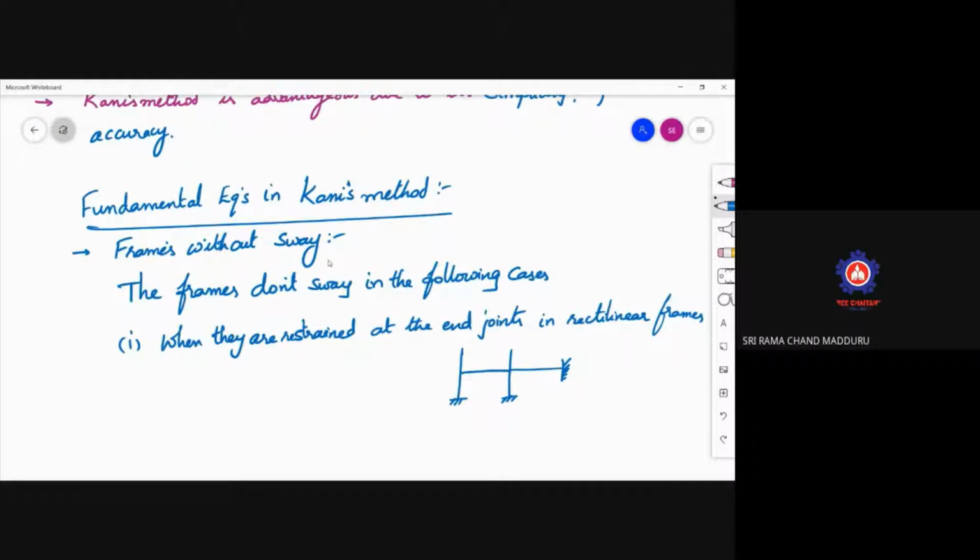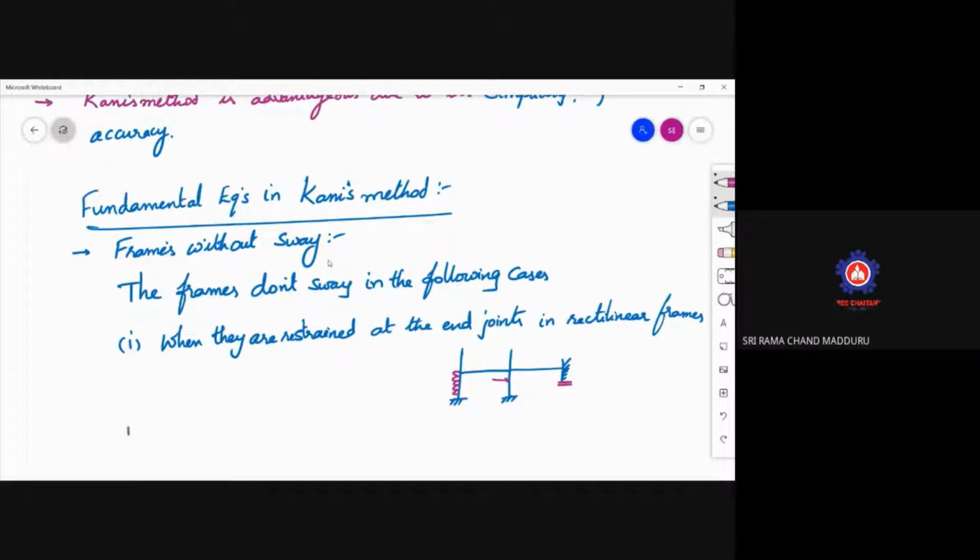In this case, the provision of this support at this point, whatever the type of loading that is coming on the structure, whether you are having a UDL or a point load, will not give any sway to the structure. So the horizontal restraint at the end joints in rectilinear frames also does not create any sway.